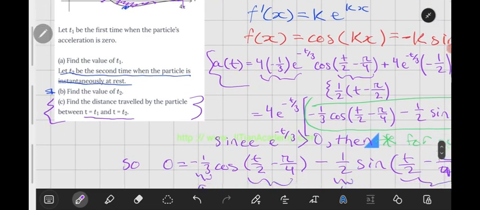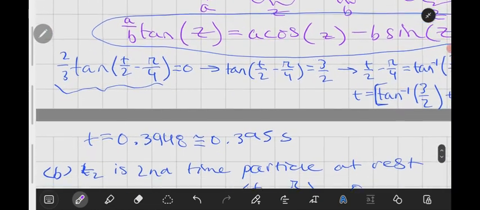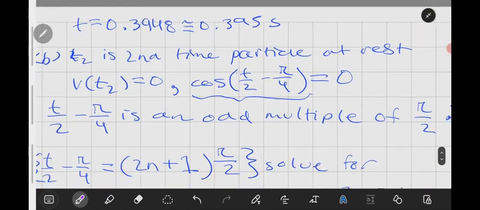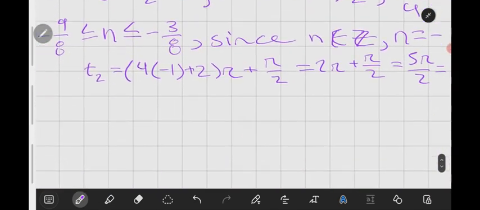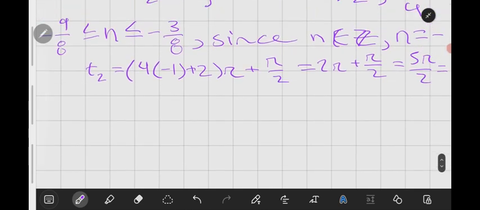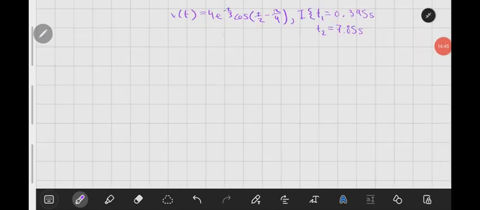Now to find the area under the curve or the distance traveled, what we have to do is integrate our function given in the initial question for the motion of the particle, 4e to the power of -t over 3 cos t over 2 minus pi over 4, over the interval t1 equal to 0.395 seconds and t2 equal to 7.85 seconds.